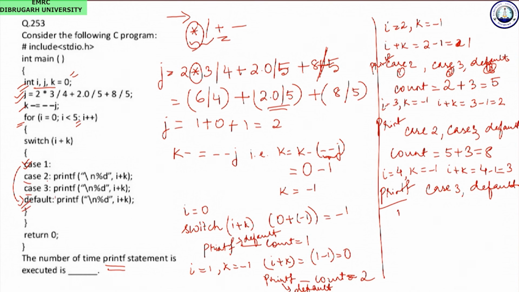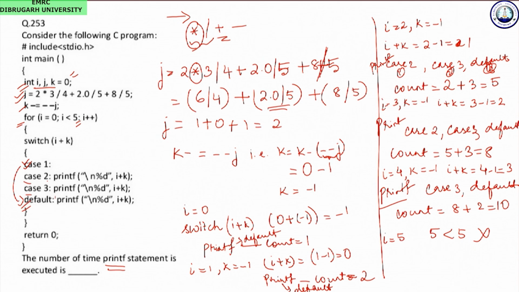So your count is equal to 8 plus 2, is equal to 10.